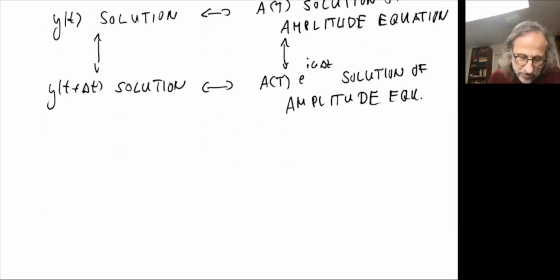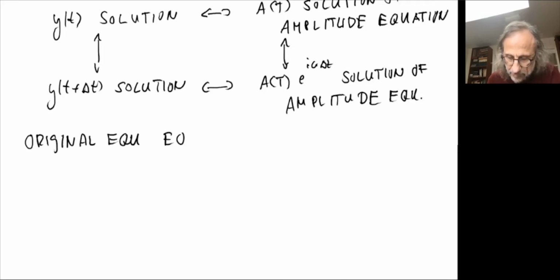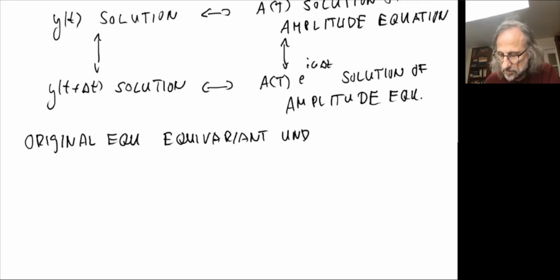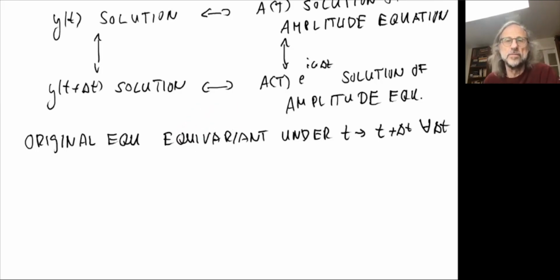And so we can say the following: if the original equation is equivariant under t going to t plus delta t for all delta t, meaning that delta t is arbitrary. And equivariant means, as I mentioned before, that all terms in the equation transform the same way. They don't have to stay put, they can change, but it's the overall equation, they all change the same way.